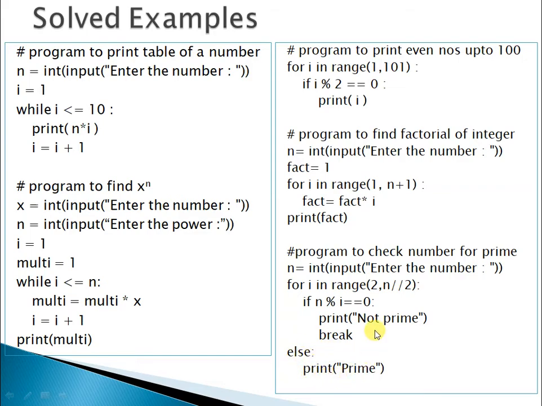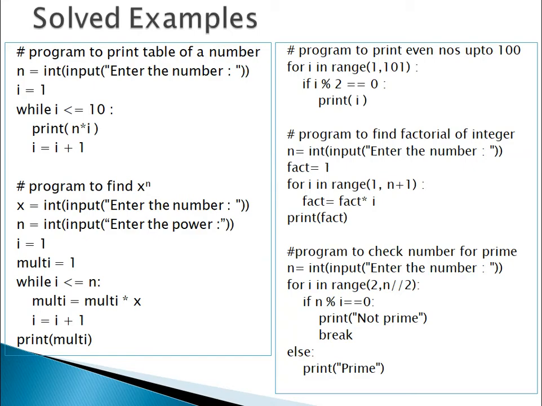So if your loop is breaking out, that means your number is not prime. And if your loop is completing itself normally, that means the number has not been divided by any number. That is a clear indication that the number entered by you is a prime number. Very easy.